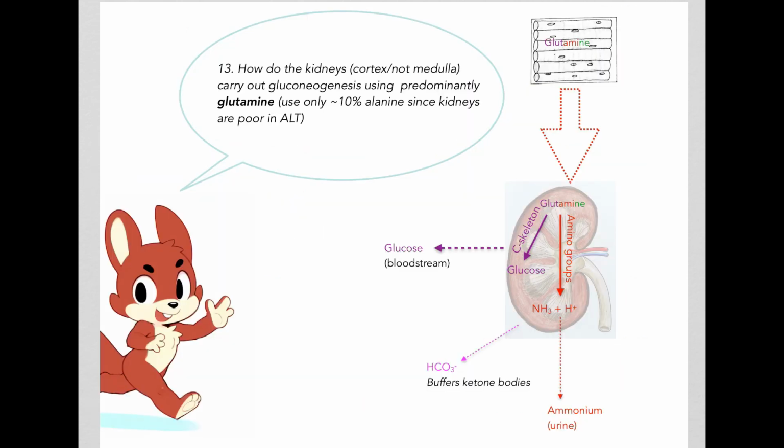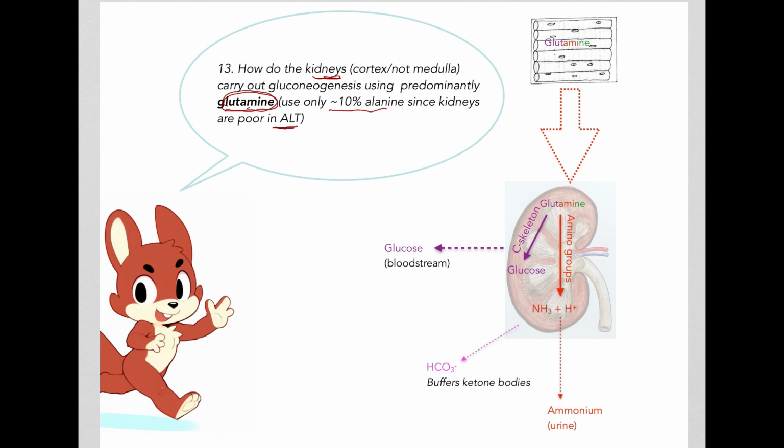Now let's see how the kidneys use gluconeogenesis precursors, especially glutamine. The kidney uses a lot of glutamine, and uses only about 10% of alanine, since the kidney is very poor in the enzyme alanine transaminase.